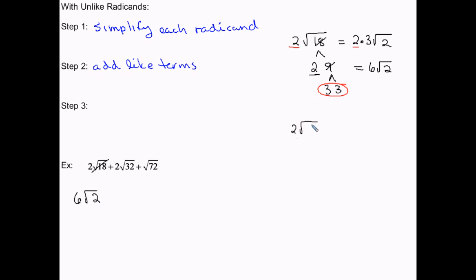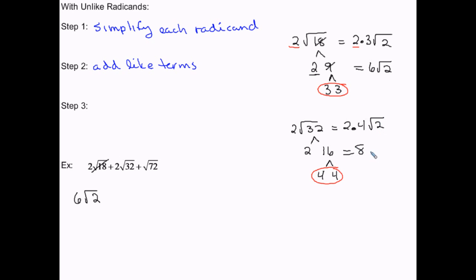And then I have 2 times the square root of 32. 32 is 2 times 16, and 16 is a perfect square, 4 times 4. So that 4 comes out, and this 2 stayed behind. Sorry, that shouldn't be an equal there.